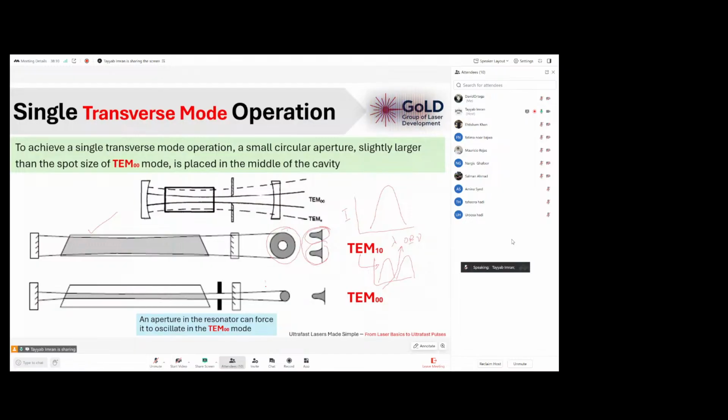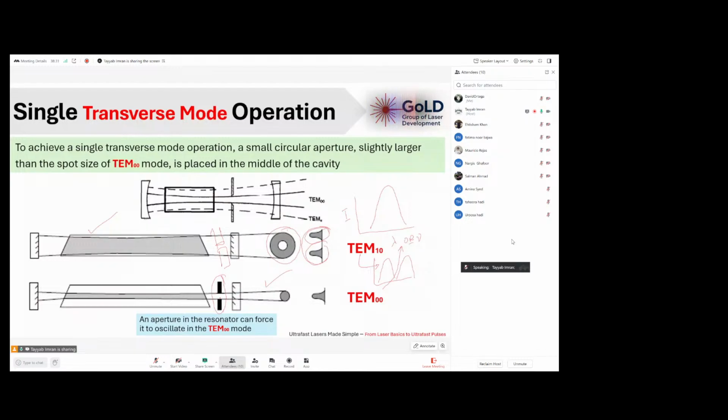And if you go down here, we use a kind of aperture. We stop the beam inside the cavity, not outside the cavity, inside the cavity. We make it pass through this aperture.